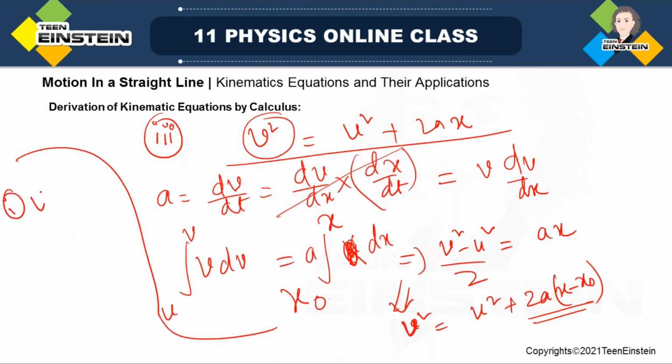So we have learned three kinematic equations. One is the final velocity v is equal to u plus at, the initial velocity plus this. The second equation is related to displacement: x is equal to ut plus half a t square. Don't get confused between u and v0: u is the initial velocity, and v0 is also the initial velocity.